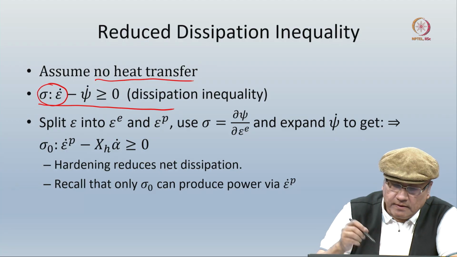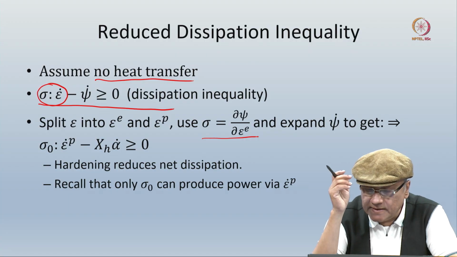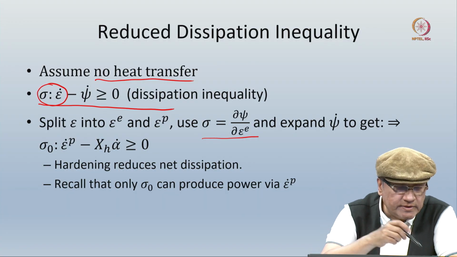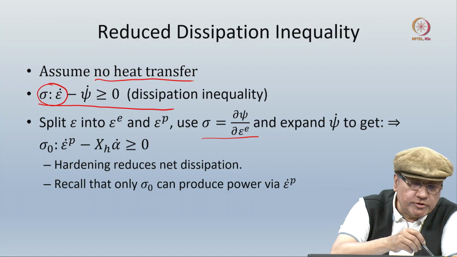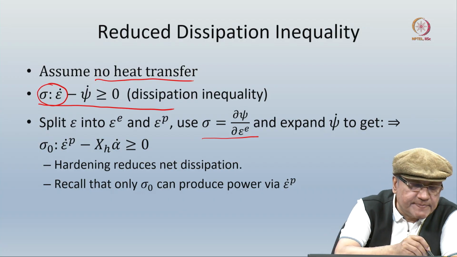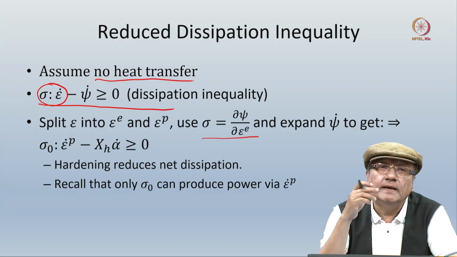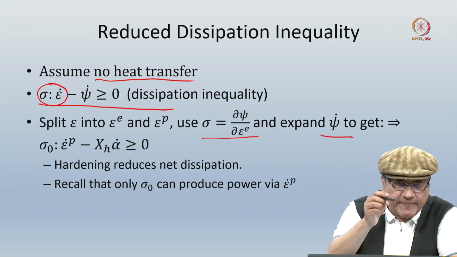Now we have already seen how to derive sigma equal to del psi by del epsilon by Coleman-Noll. You can actually do this here too. To do that, first you can split this epsilon dot into epsilon E dot plus epsilon P dot, right. And then you have to expand psi dot.